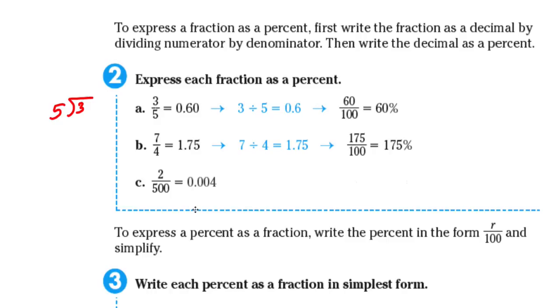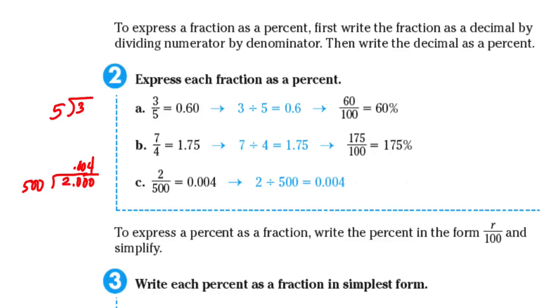Same with 2 over 500. 0.004 is from 2 divided by 500. Again, you do the division. 2 divided by 500, so when you do that, the decimal is right there. Continue dividing until 500 goes into a number, which is 2000, and that's the reason why you get 0.004.